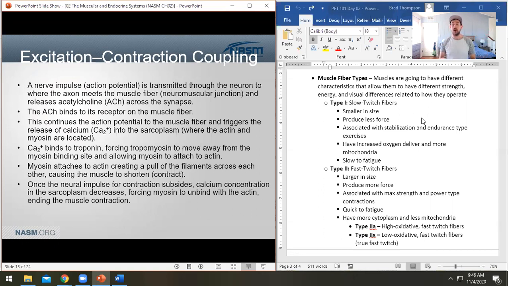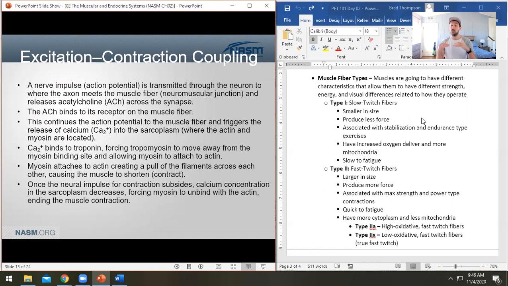Now, your muscle fiber has all of this stored calcium inside of it. Once that electricity runs across, that's going to release all of that calcium into the muscle fiber. Once that calcium is in there, those regulatory proteins, remember those are troponin and tropomyosin, are attracted to calcium.